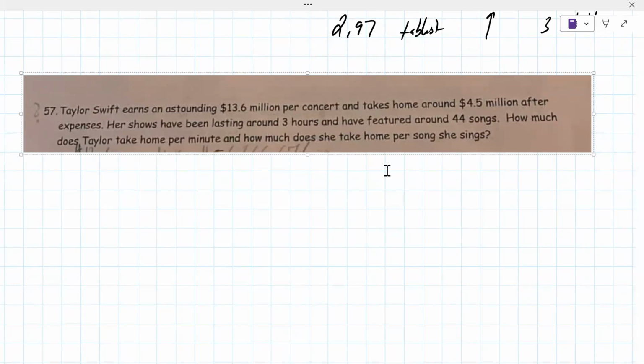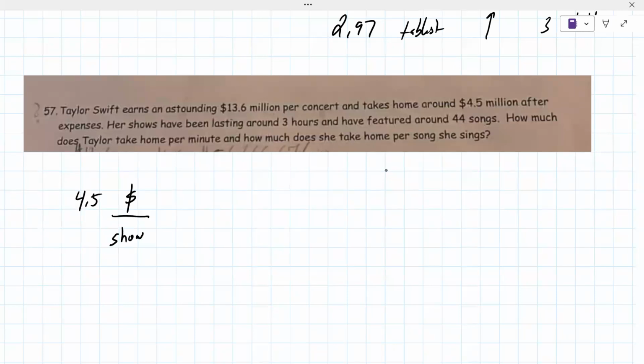All right. Taylor Swift earns an astounding 13.6 million per concert and takes home around 4.5 million after expenses. Shows last around 3 hours and feature around 44 songs. How much does Taylor Swift take home per minute, and how much does she take home per song she sings? Okay, so she gets 4.5 million per show.